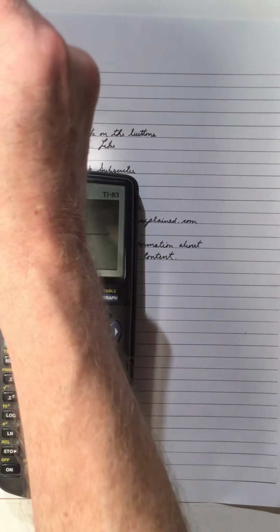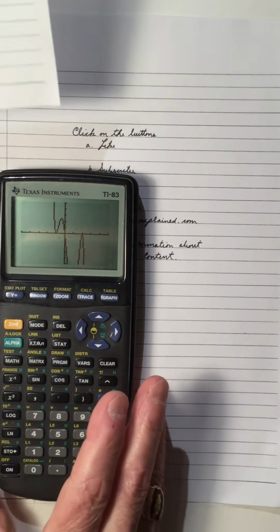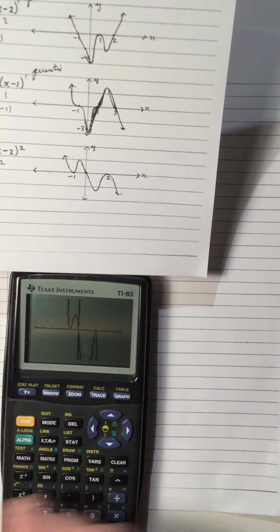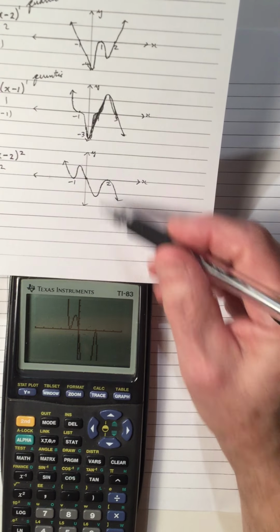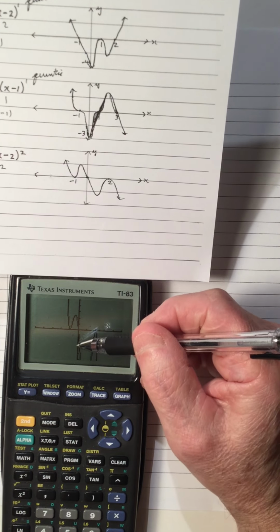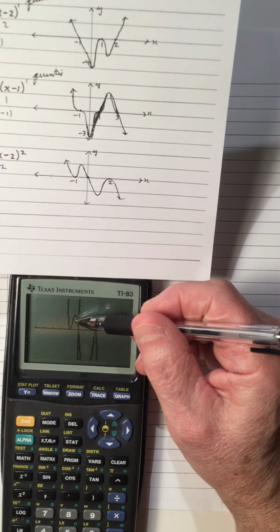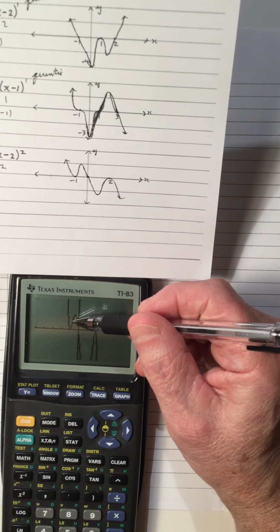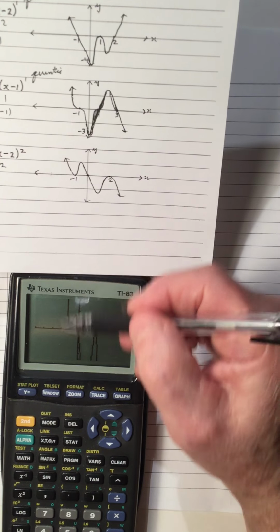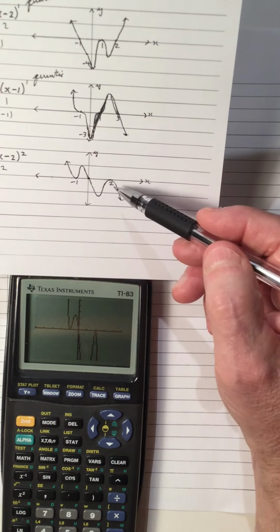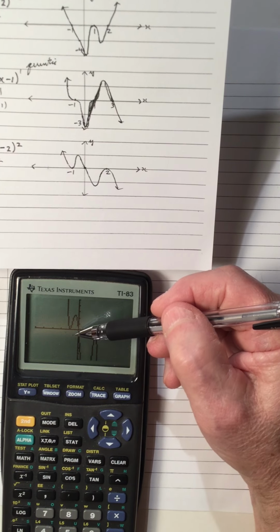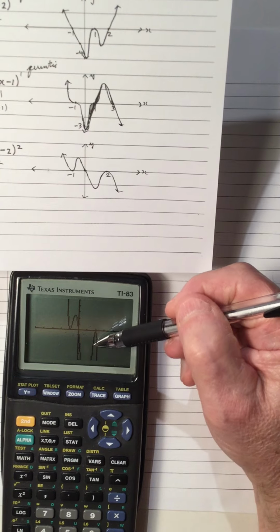And I'll put it alongside here just to show you. As you can see, coming up here, there it is, bounces off, tangent, goes down, comes up through 0, goes on through as a line, goes up, turns, comes down as a tangent here because of the square. There are 2 squares here, so there are 2 places as tangents, and it's going on through here. And notice it's coming up from the bottom.